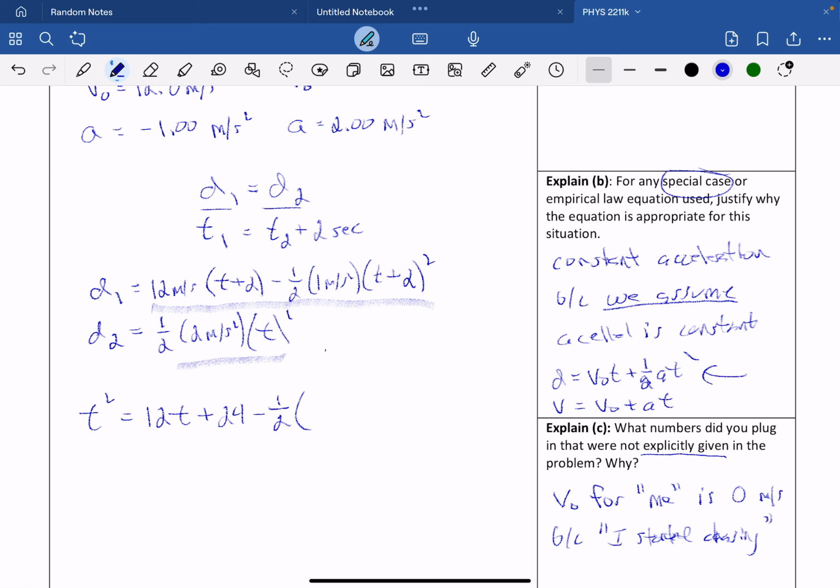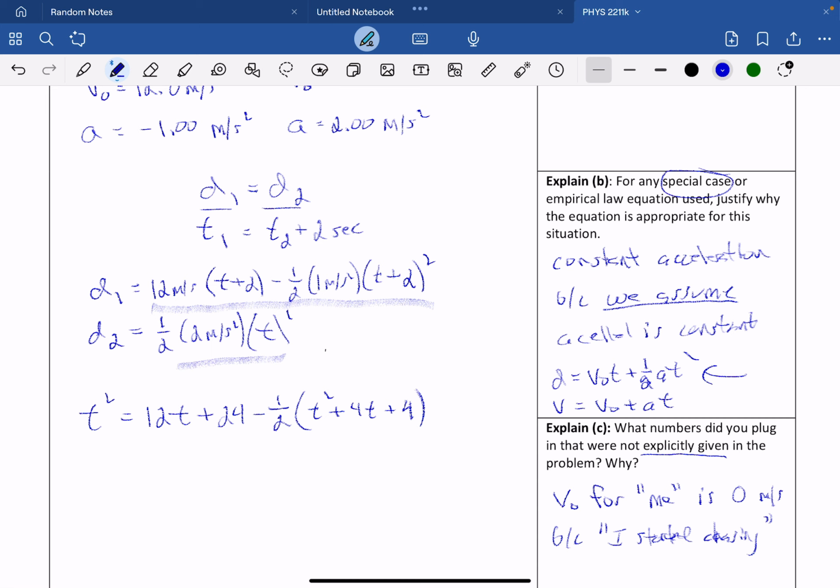of, and now I'm going to take the t plus 2 squared, and that gives me t squared plus 4t plus 4. Remember how to do squaring a binomial. You do not just do t squared plus 2 squared. That doesn't work.